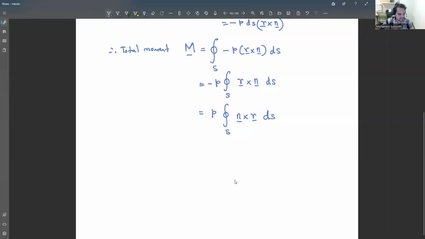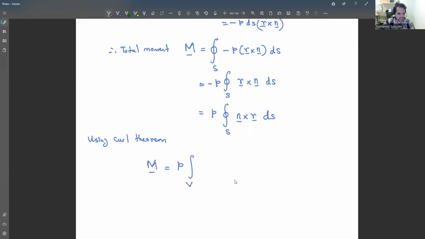Now, using the curl theorem, the same M I can convert into a volume integral: the integral of the curl, that is del operator cross R, dV.